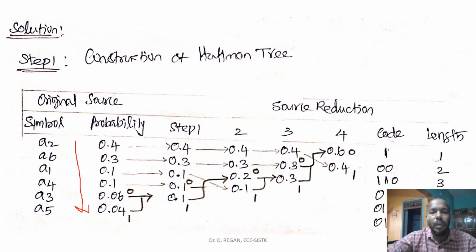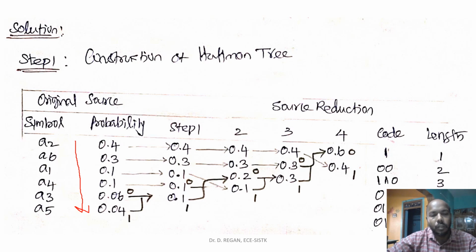Now, step 2. There I said step 1, step 2 as the procedure; here the steps are 1, 2, 3, 4, because we are going to add the last 2 symbols.